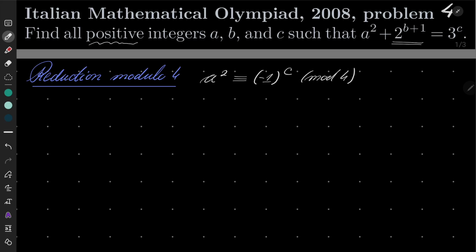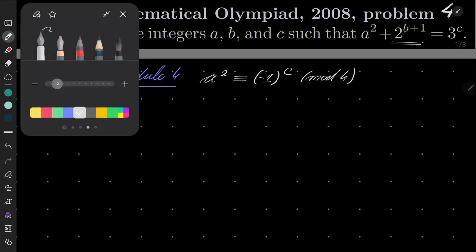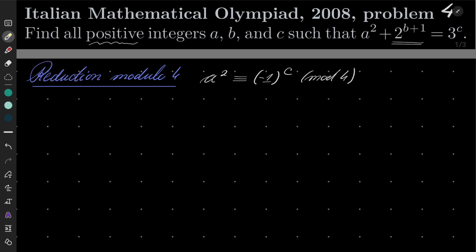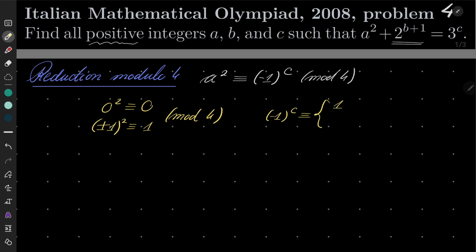And now let's take a look at possible values of the left and right hand side. Well, a squared, let's notice that 0 squared is congruent to 0, and both plus or minus 1 squared are congruent to 1 modulo 4, while minus 1 to the power of c is congruent either to 1 or minus 1, namely to 1 if c is even, to minus 1 if c is odd.